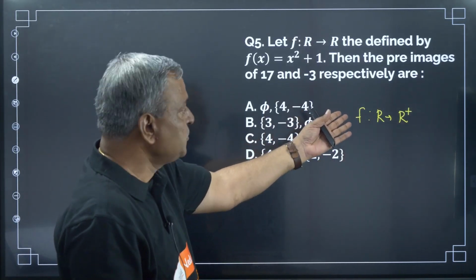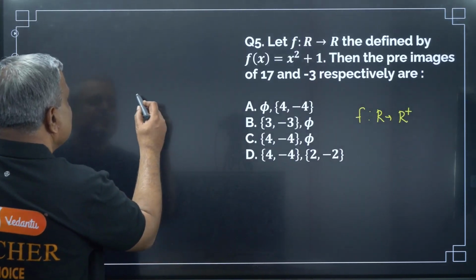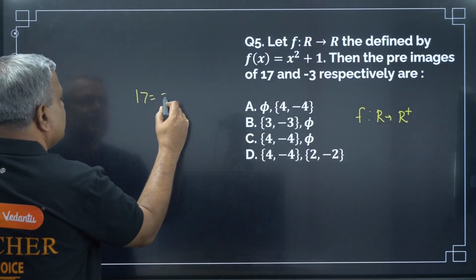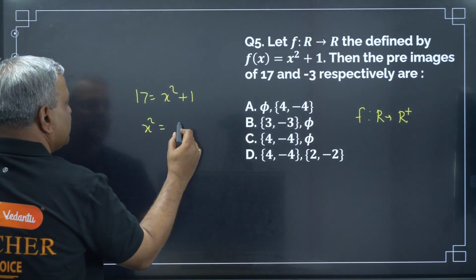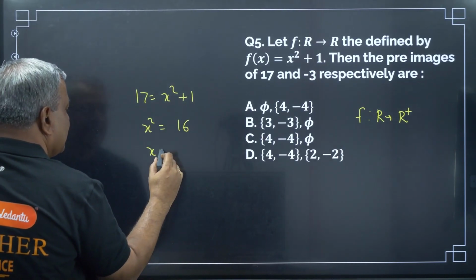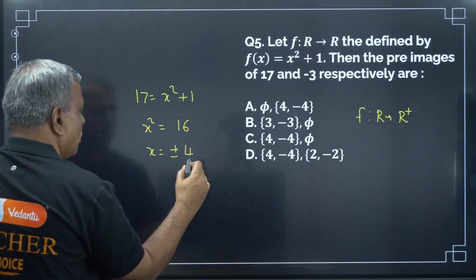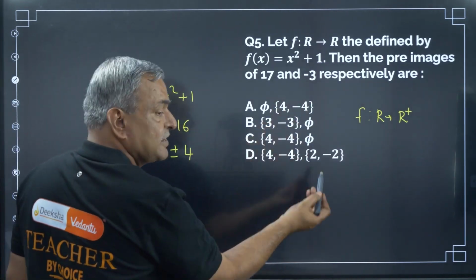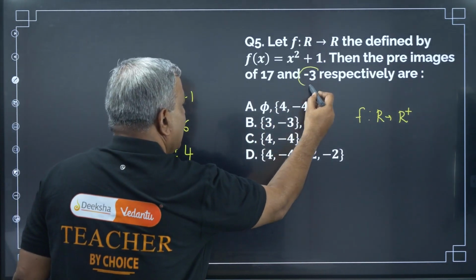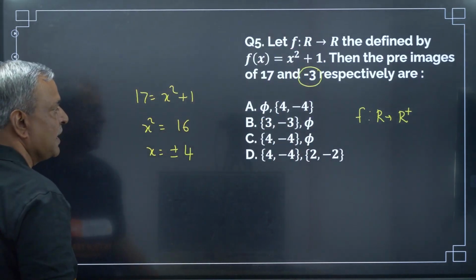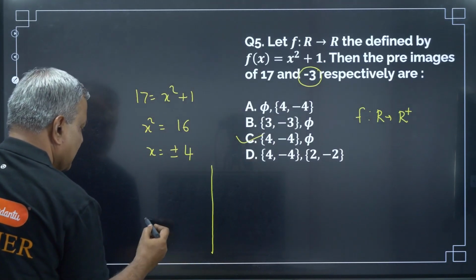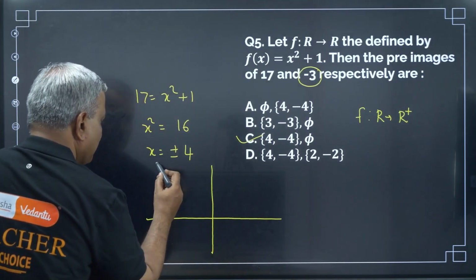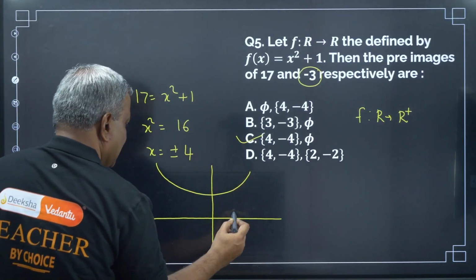But whatever the question given, what they want is 17 equal to x square plus 1, or x square is equal to 16, x equal to plus minus 4, and you never get a minus 3 at all. X square plus 1 is never minus 3. Option C is correct.